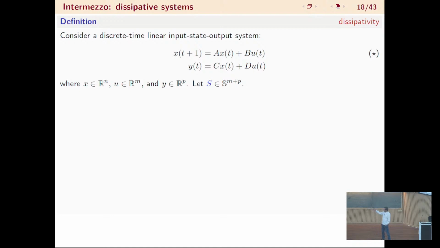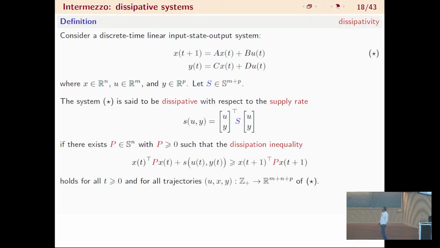I'm going to call the system star dissipative with respect to the supply rate, given by the symmetric matrix S, if there exists a positive semi-definite P such that this dissipation inequality holds for all times and for all trajectories u, x, y of the system star.